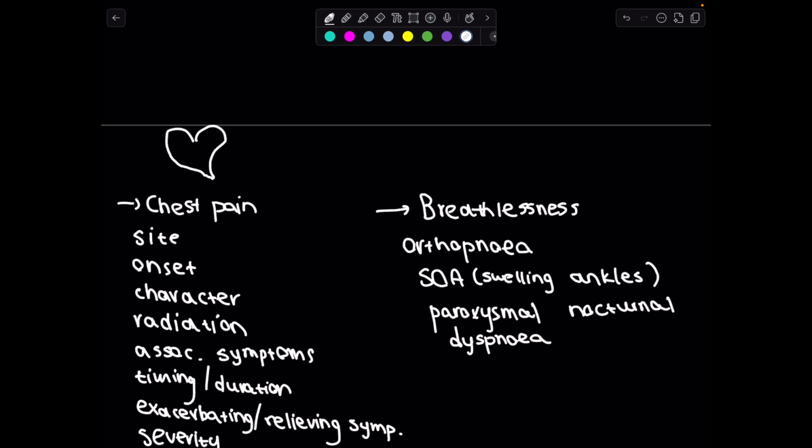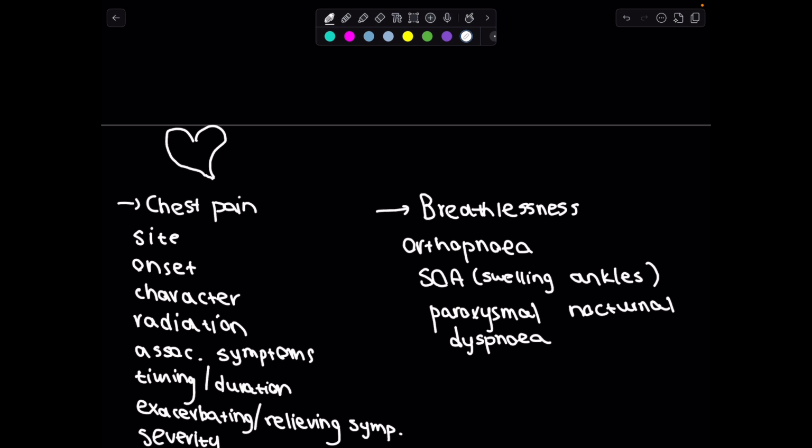Site: chest or lungs, generalized breathing difficulty. Onset: sudden, pulmonary edema, embolism, or gradual, heart failure. Character: tightness or inability to breathe deeply.